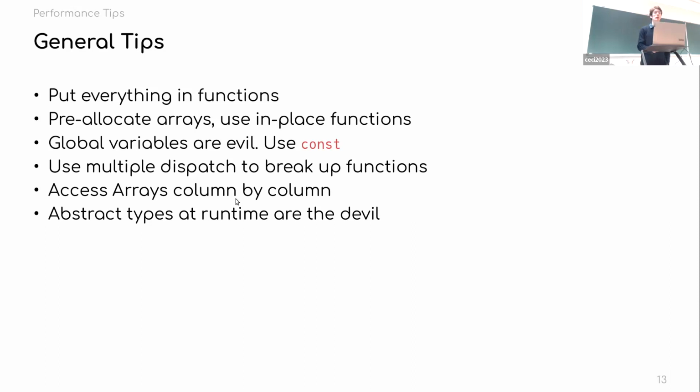Because matrices and generally arrays are stored by columns, you should go first column, second column, third column, etc. And that will be faster than if you were to do the opposite, by row, for example. This would be much slower because the processor cannot optimize your memory accesses as much. And also, I already said, abstract types at runtime are the devil, so avoid them at all costs.